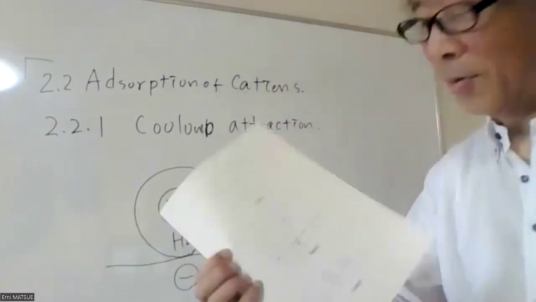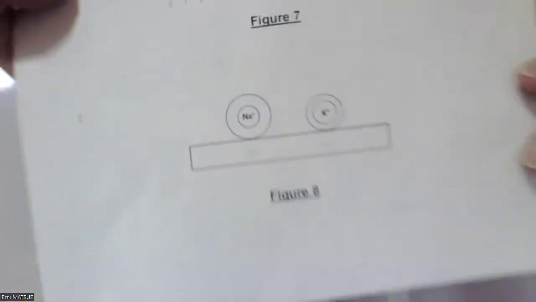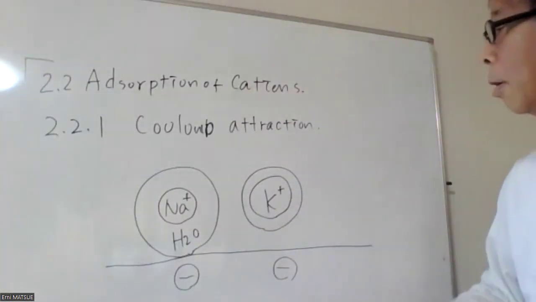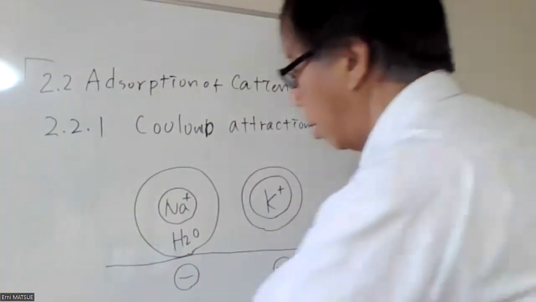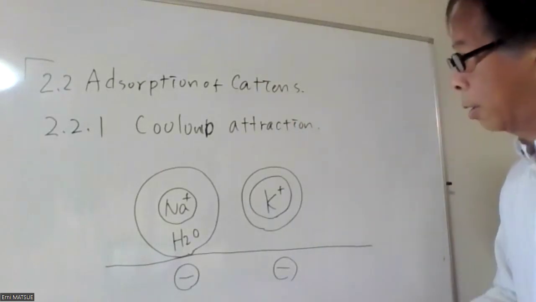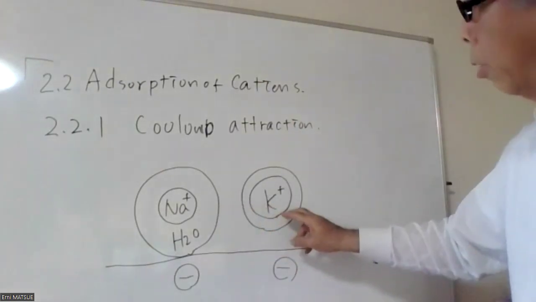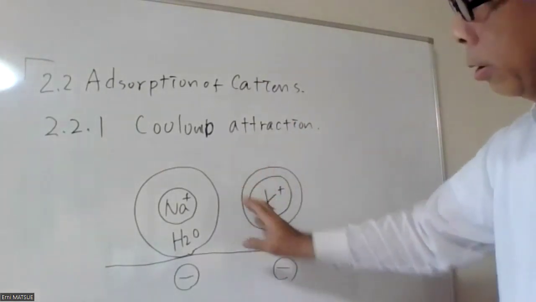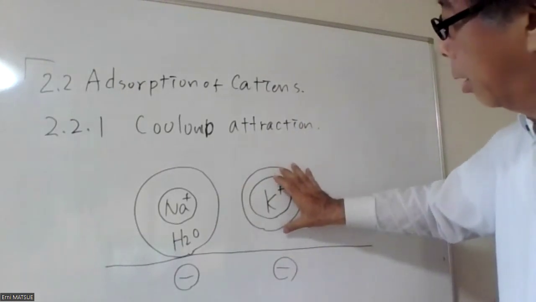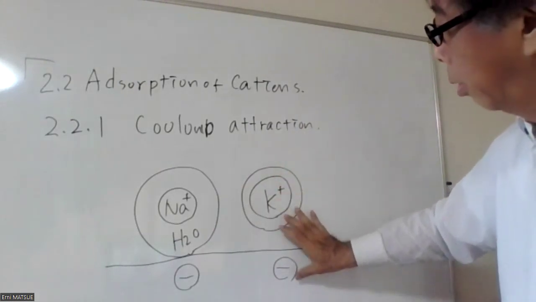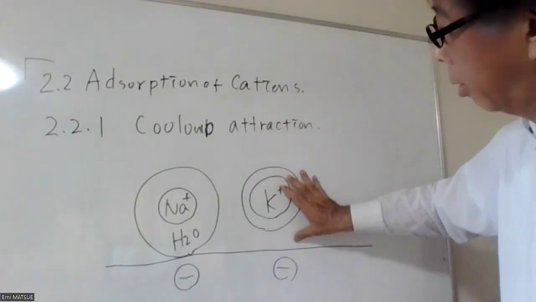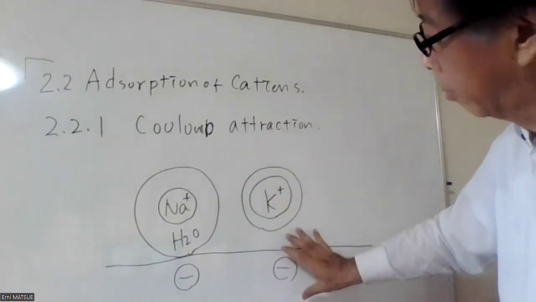Okay. So could you look at figure 8? Because the ions are always hydrated, potassium can be attracted close.